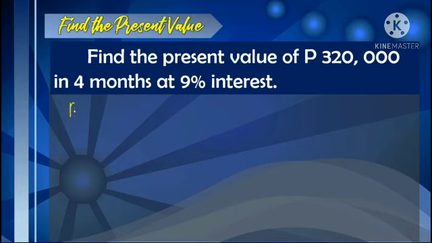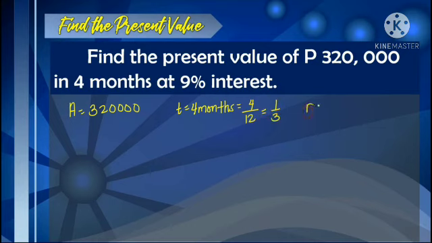Here we are looking for the value of P. A is given by 320,000 pesos, time which is 4 months. To convert this in terms of years, we write this in the form of 4 over 12, which is 1/3, and the rate which is 9% or 0.09.